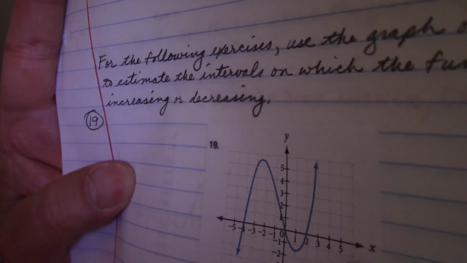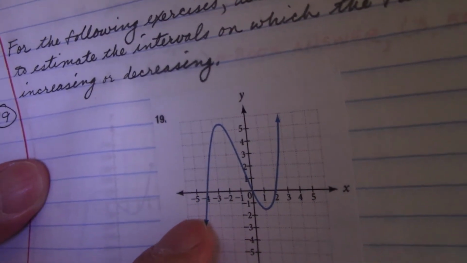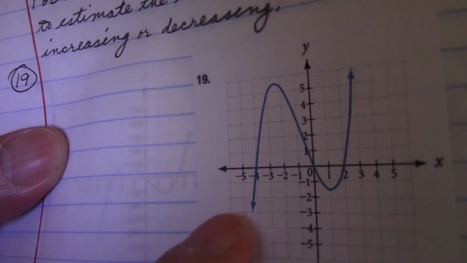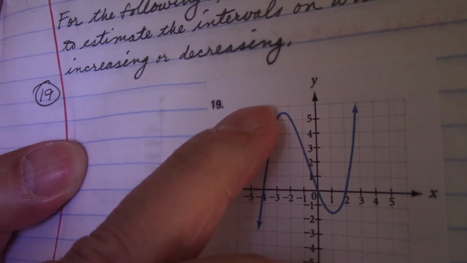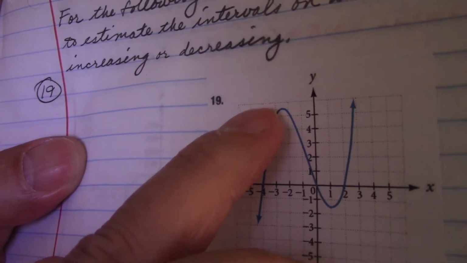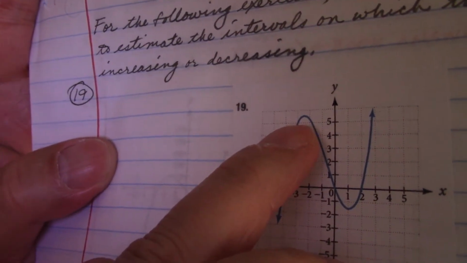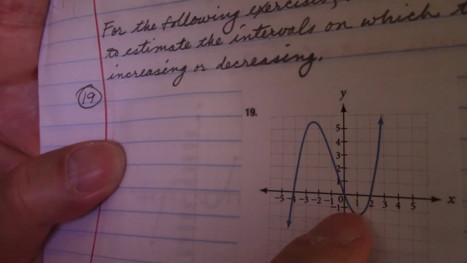All right. So looks like this keeps going to negative infinity. So it's increasing from negative infinity all the way up to that x value there, whatever that is. And then it decreases from that x value to this x value.